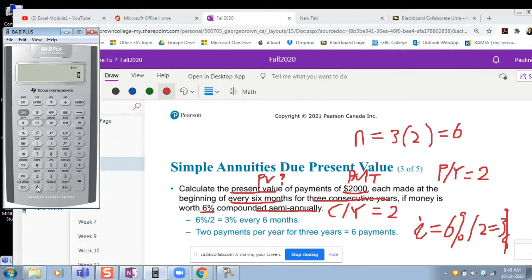Do not forget 0 is FV. And then you compute PV. See, the same number we get from the formula.